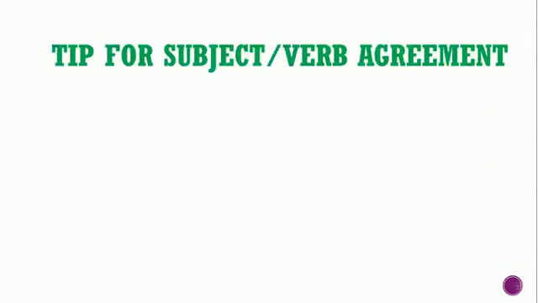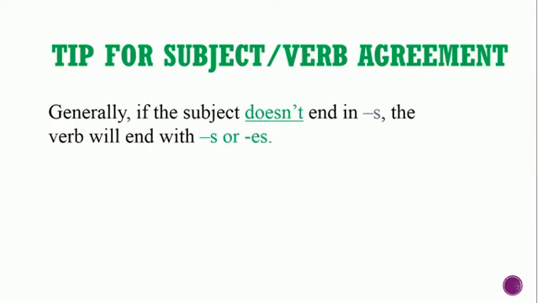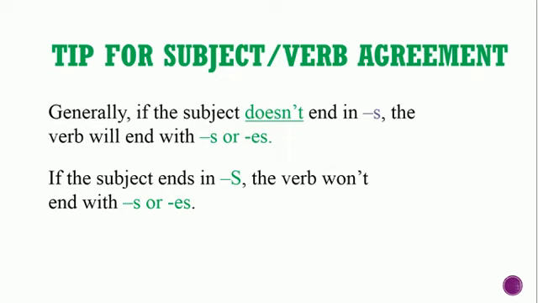The next is the tip for understanding subject-verb agreement. In general, if the subject doesn't end in s, the verb will end with s or es. On the contrary, if the subject ends in s, the verb won't end with s or es.